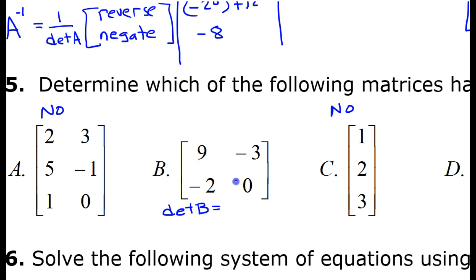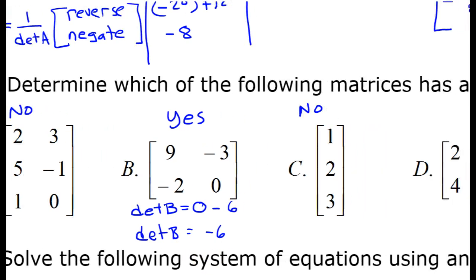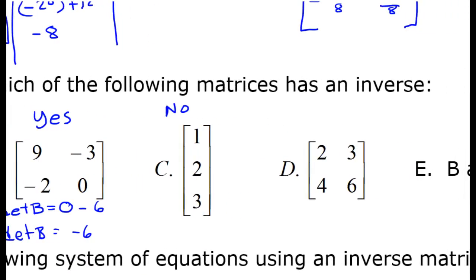Remember, the determinant of a 2 by 2 matrix is the down diagonal minus the up diagonal. So 9 times 0 is 0 minus positive 6. The determinant of matrix B is negative 6. That's fine. So matrix B will have an inverse. It's a square matrix and the determinant is not 0. That's what it takes to have an inverse. You can say that's what it takes to be invertible.